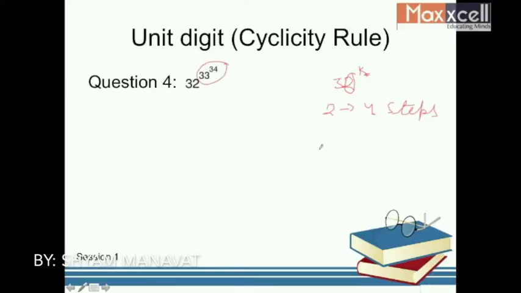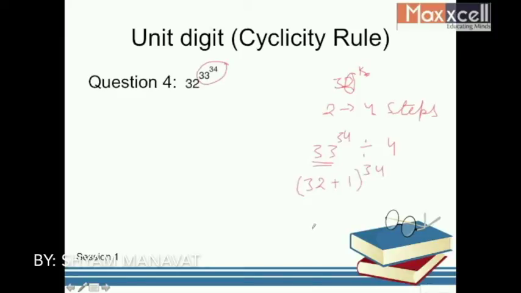So, now the question becomes: what is the remainder when 33 to the power 34 is divided by 4? Applying a little brain, can we write this 33 as (32 plus 1) to the power 34? Yes.